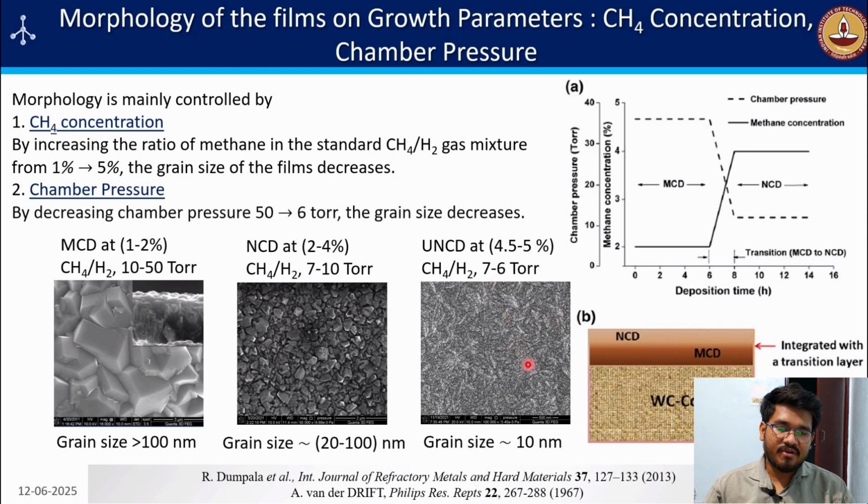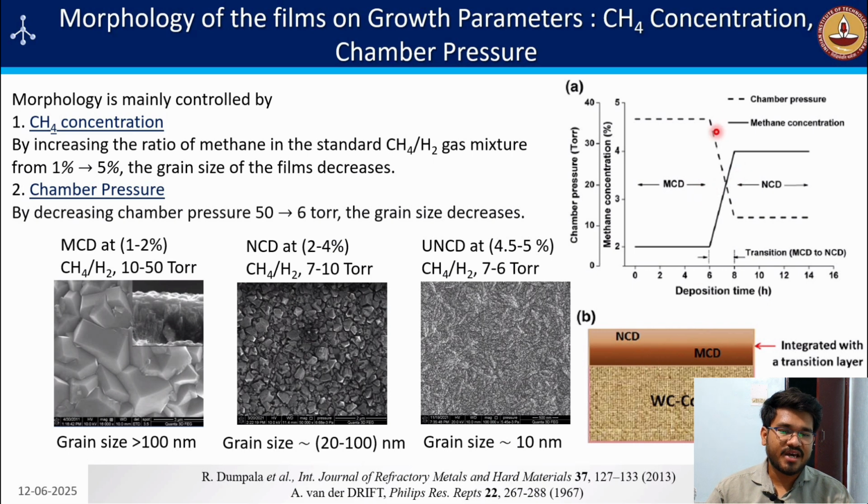This work was done by one of our lab seniors, where during the growth, in the recipe there is a program where you set the hydrogen flow and the methane flow for a certain time and certain pressure, and after some time you change the methane to hydrogen ratio and the chamber pressure, and then you can have a transition from microcrystalline diamond to nanocrystalline diamond.